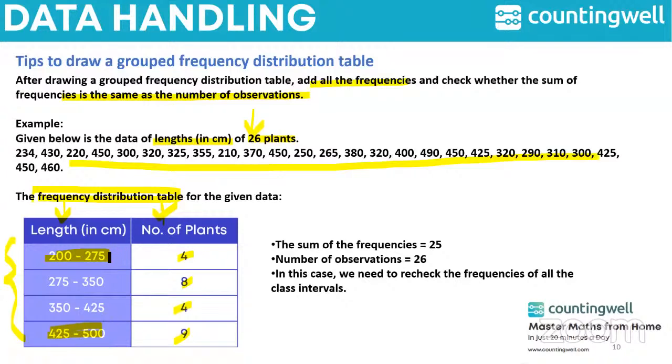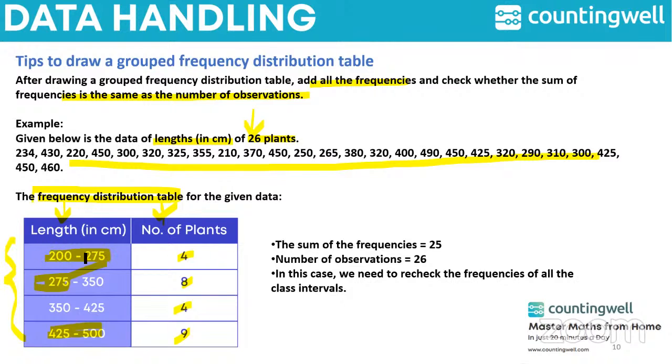Here you can see the class intervals are continuous, meaning it starts from 200 and ends at 275. The next class interval will start from 275 only. The limits you can see here, this is the lower class limit, this is the higher class limit.